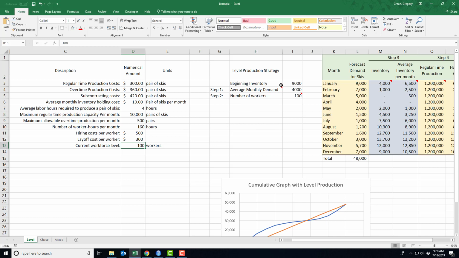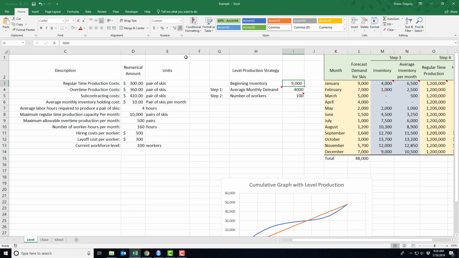All right. We were told that there was a beginning inventory of 9,000 and that the average monthly demand, we had to calculate that. So how do you calculate average monthly demand? Well, we took our forecast and I summed it. So the annual demand for skis, 48,000 pairs of skis.